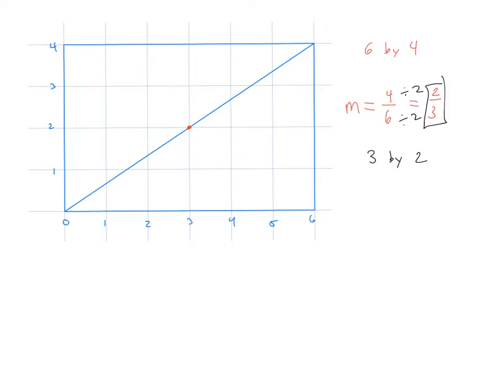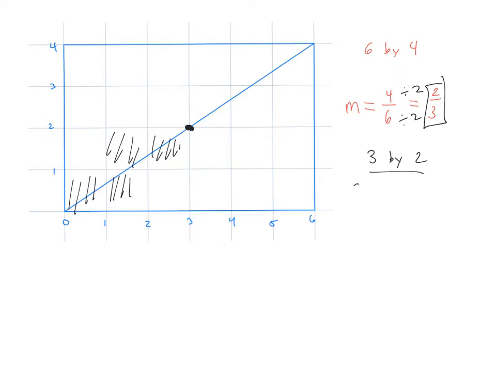So in the picture here, you can see that the diagonal is going to go through a lattice point here exactly when it's gone through a 3 by 2 block. So let's just count for now. In a 3 by 2, it goes through 1, 2, 3, 4.